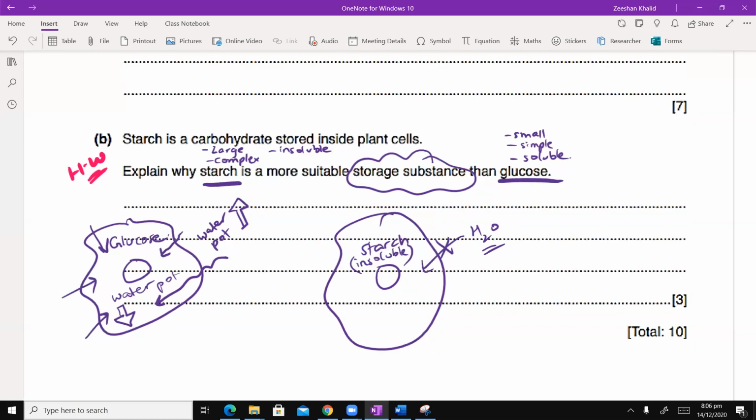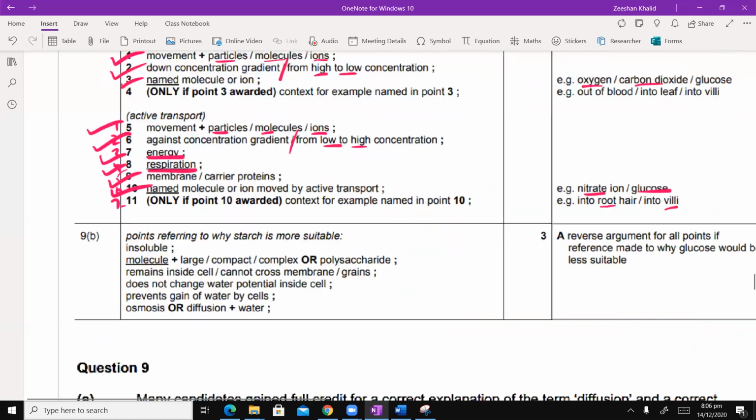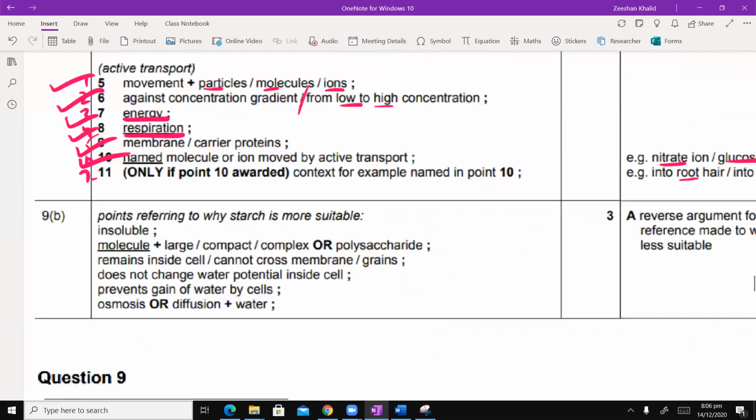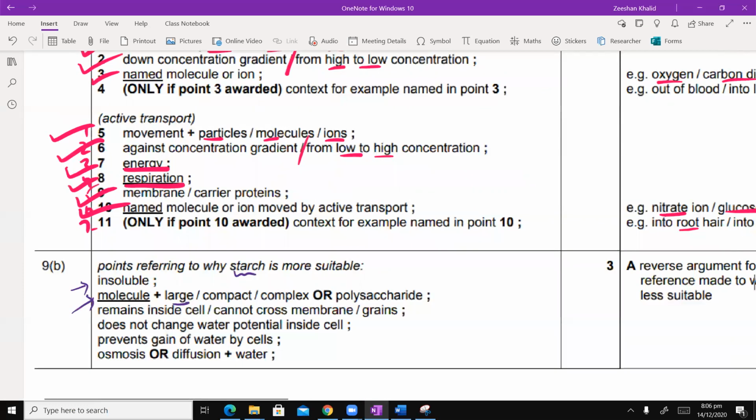Okay. So if you look at the marking scheme, there you go. It's a 3-mark question. It says point number 1, it is insoluble, of course, referring to starch, and it's a large molecule. Molecule को उन्होंने underline किया हुआ. Did I mention the word molecule? Of course, I was drawing in terms of a diagram, but of course, you need to mention that it is a molecule.